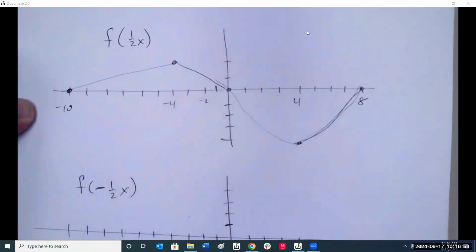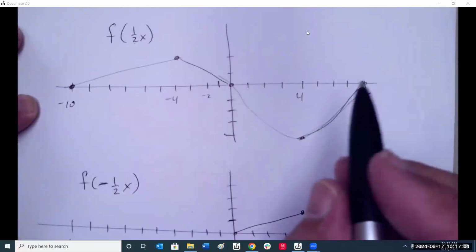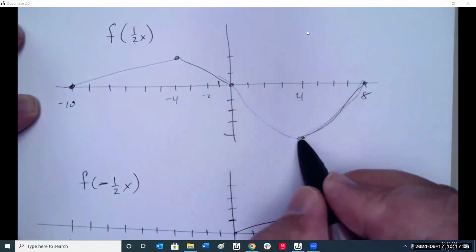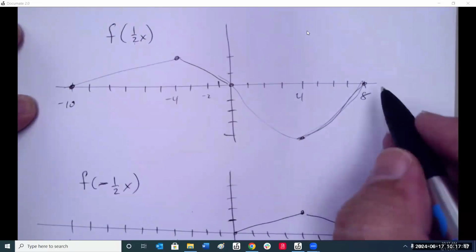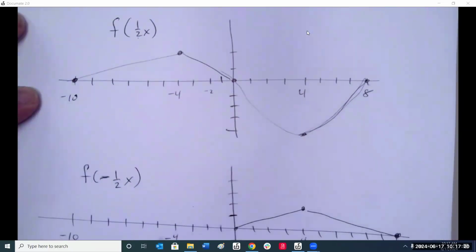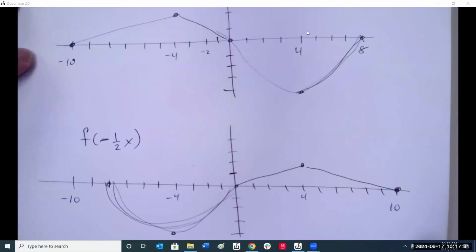This (-4, 2) becomes a (4, 2). This (4, -4) becomes a (-4, -4). And then this (8, 0) becomes a (-8, 0). So it looks like that.